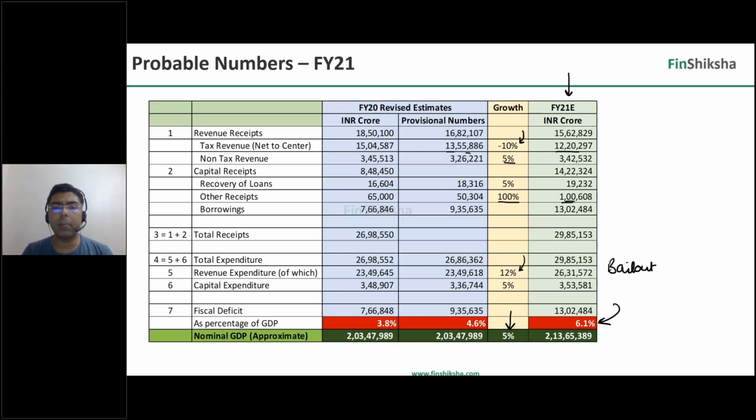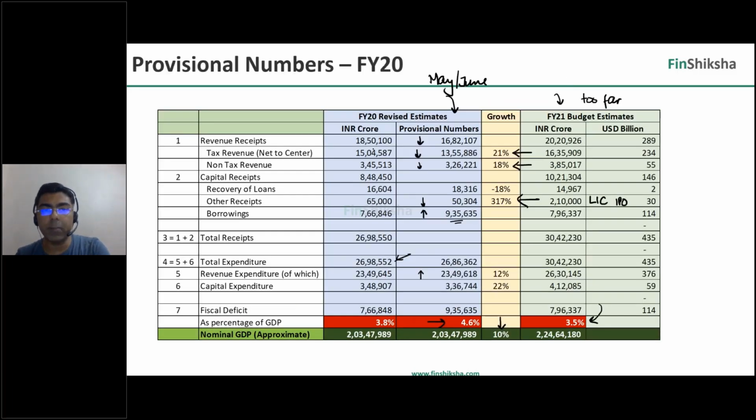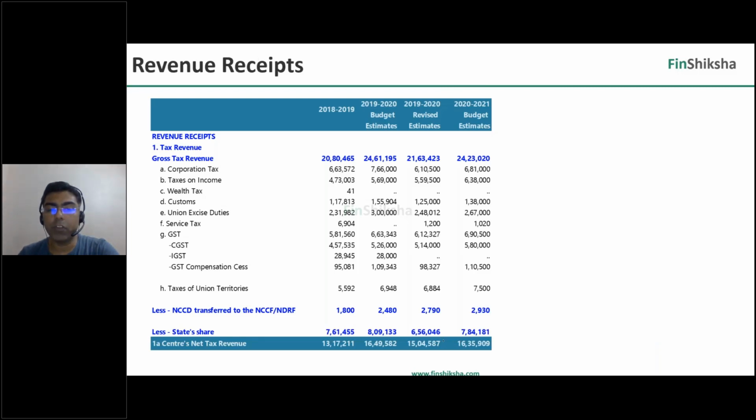Let's understand the tax numbers a little bit. If you go back a couple of slides and you look at the estimate that was given, this was 15.04 lakh crore, right? This is the same number that you see here right at the bottom of this column, correct? Now, when the center collects taxes, it collects a gross tax, and then something goes to states.